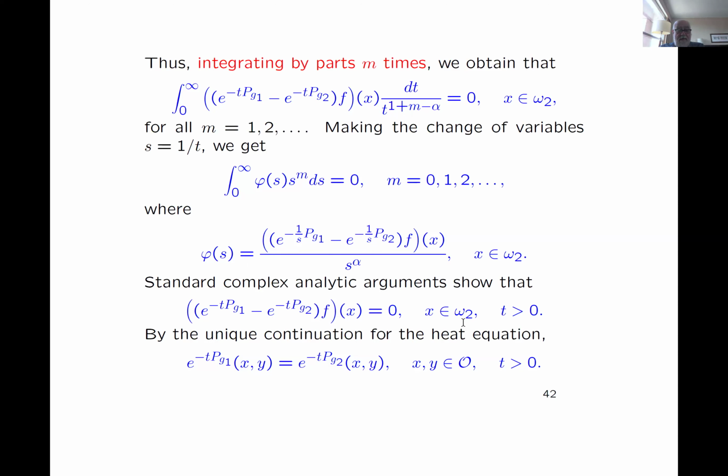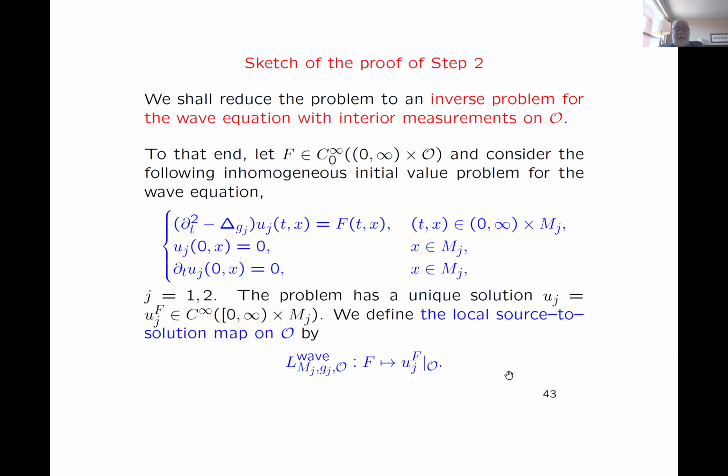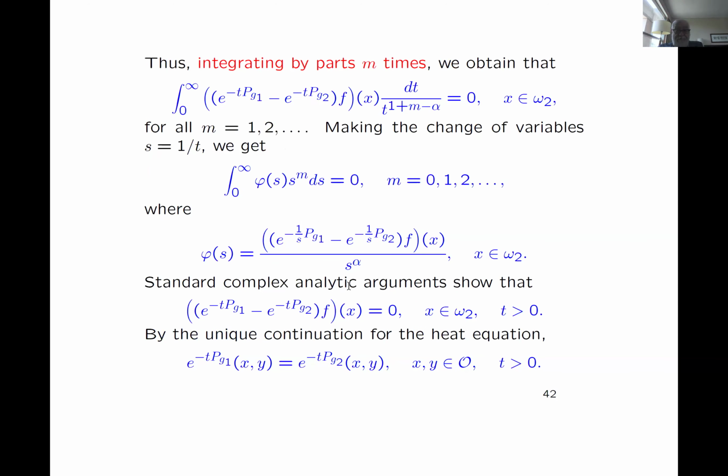For any open subset, W2 is arbitrary. We constructed W1 so that it has no intersection, but at the end of the day, we have the heat equation for any open subset of O, and so you have this identity. Once you know the heat kernels are the same, this is just a trick of integrating by parts and getting the moments of this function.